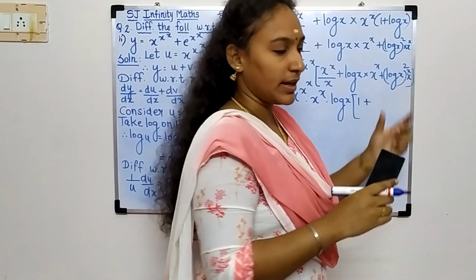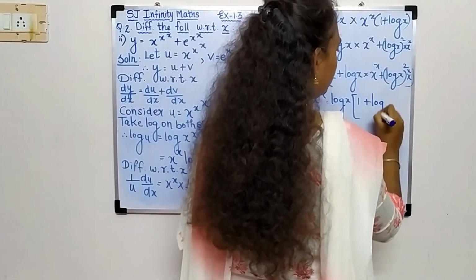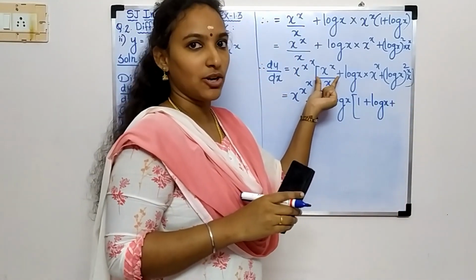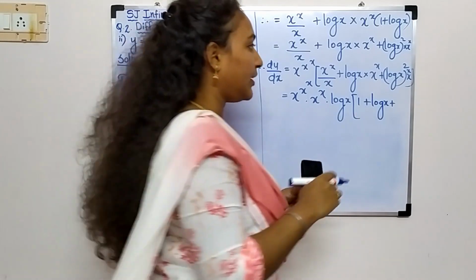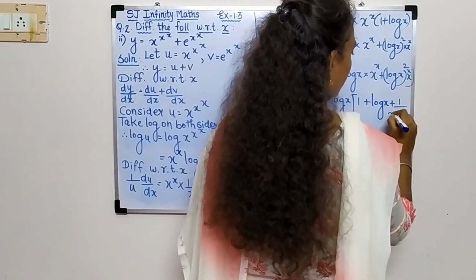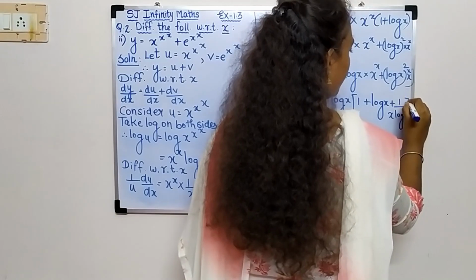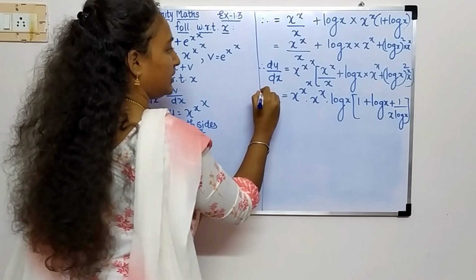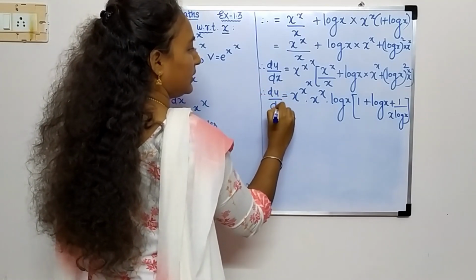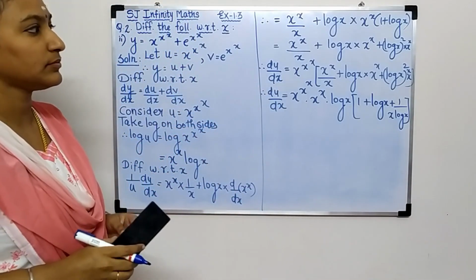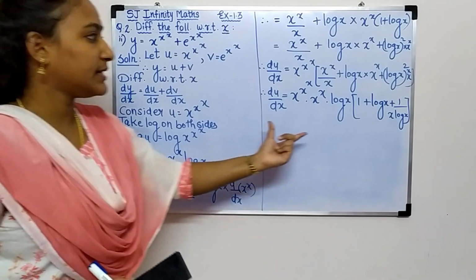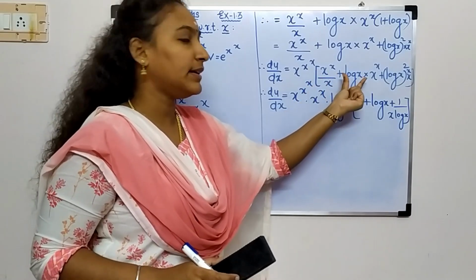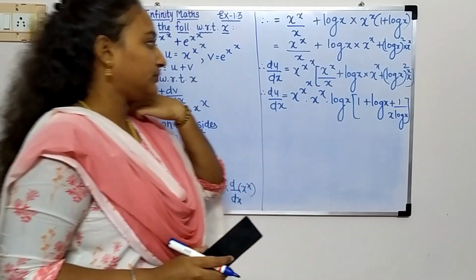Here you will get log x plus, since this term does not contain log x, we write log x in the denominator. So the simplification will be like this. This is your du by dx, obtained after taking the common factors x raised to x and log x from this term.